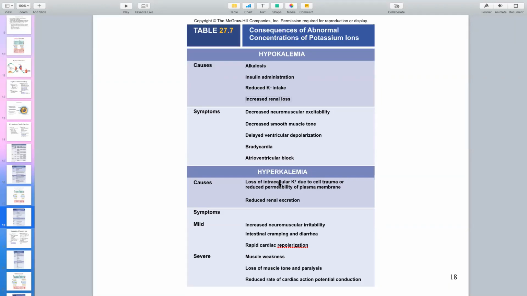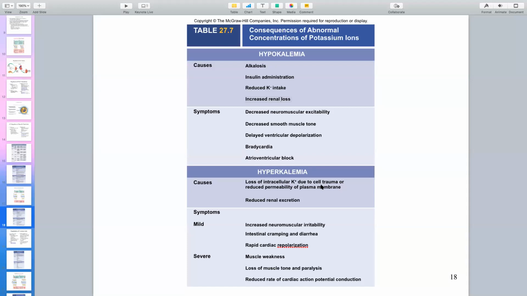So usually it can be due to crush injuries. Remember, most of the potassium in our body is stored intracellularly. So the only way we see massive potassium levels is usually when people get crush injuries. They fall, right? Something falls on them, and now the skin cells and the cells of the organs get crushed.